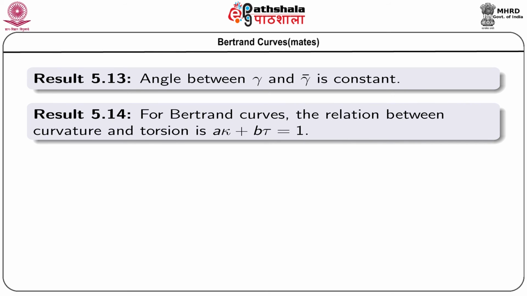Now, this is a very important result: for Bertrand curves, the relation between curvature and torsion is a kappa plus b tau equals 1. A linear relation between curvature and torsion occurs for the pair of Bertrand curves.